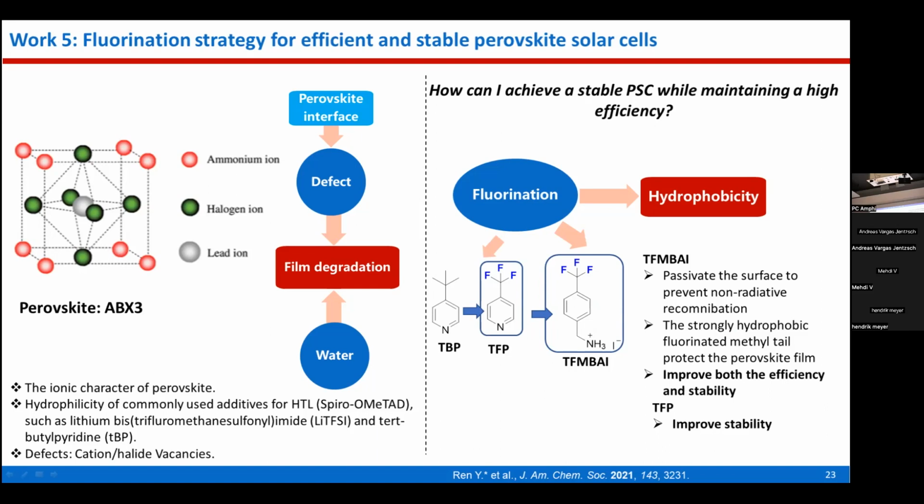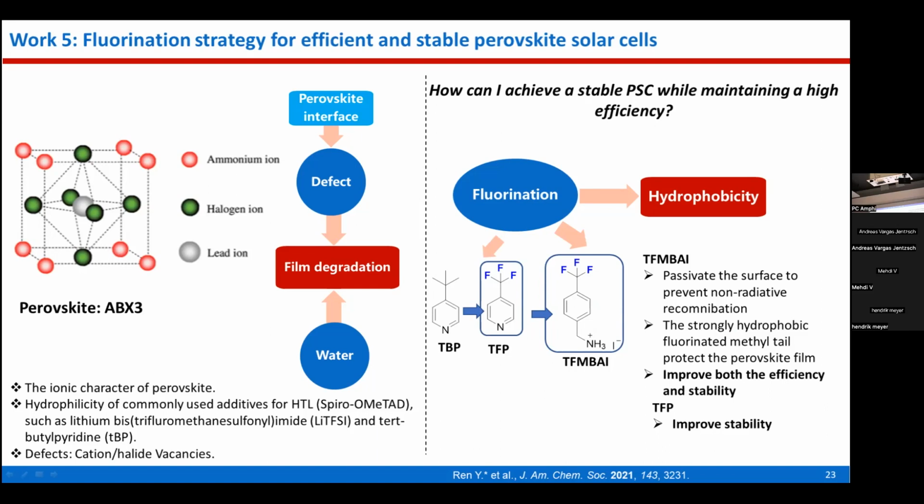On one hand, the ionic character of the perovskite, and also the hydrophilicity of the commonly used additives of the hole transport material, such as TFSI and TBP, make them very easily attacked by moisture, which harms long-term stability.